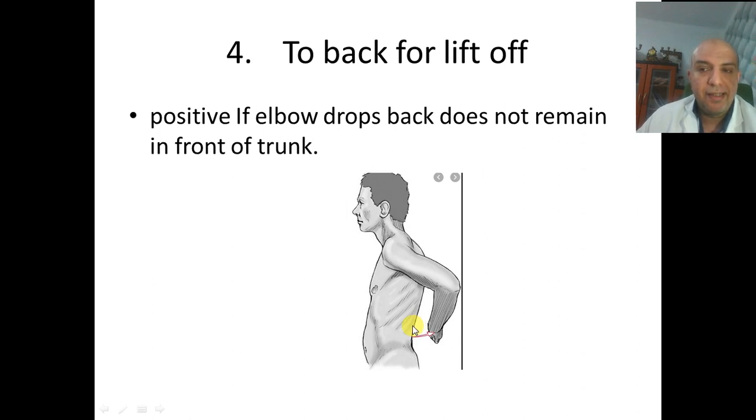So we did 3 tests for forward elevation, then 3 tests for side elevation, then external rotation in abduction, then belly press test, then to the back. So I did now supraspinatus tests, infraspinatus, subscap.